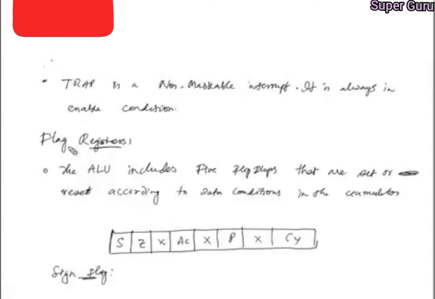In case of arithmetic operations with signed numbers, the most significant bit D7 is reserved to indicate sign information. That is the purpose.